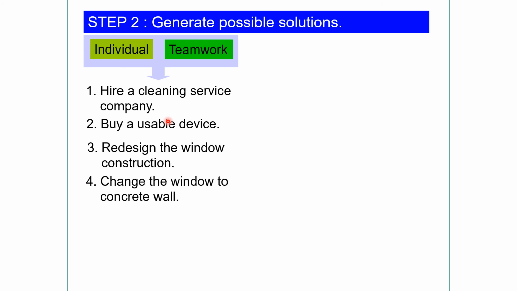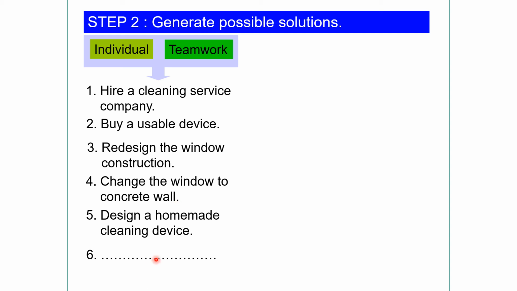Change the window to a concrete wall, to avoid this dirty work on the opposite side of the window. Design a homemade cleaning device, or redesign the window construction, meaning remove the window and install a new window. So there are multiple solutions, and there can be even more. So that is one other solution.